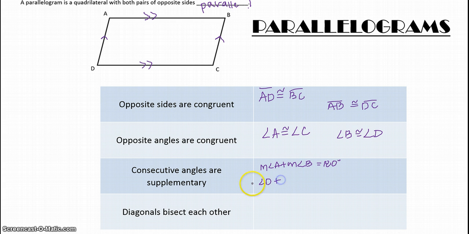Measure of angle D plus the measure of angle C equals 180 degrees. I could also do that if I was just looking at the left 2 angles and the right 2 angles. So the measure of angle A plus the measure of angle D equals 180 degrees. And the measure of angle B plus the measure of angle C equals 180 degrees.